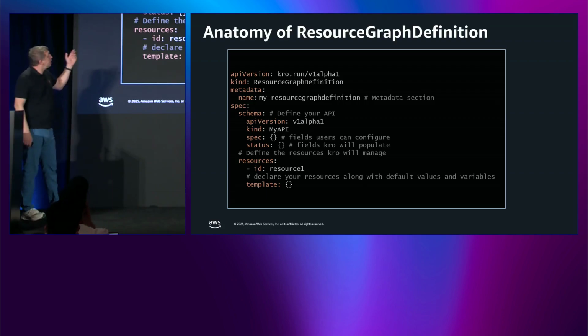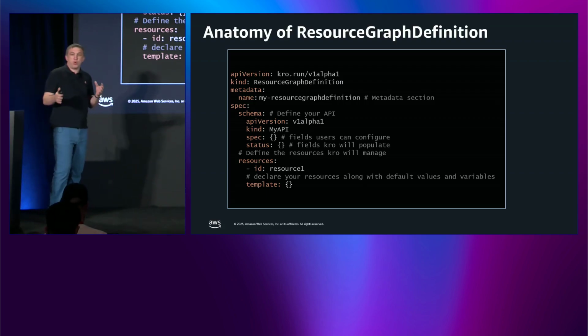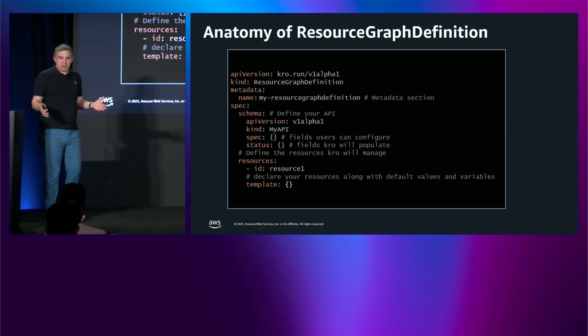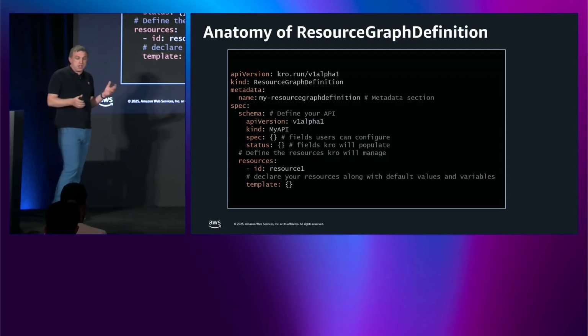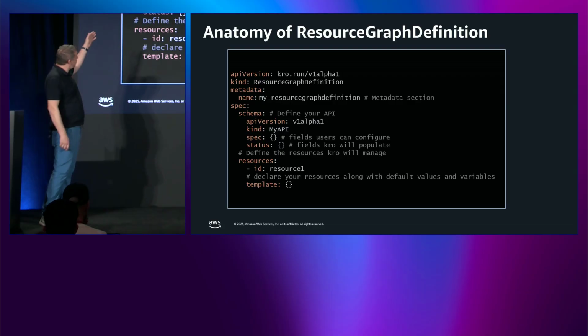So this is a resource graph definition. It's also very familiar for all people who are familiar with Kubernetes, right? Like any resource, there are three main parts: metadata, spec, and status, right? The spec itself consists of two main parts.